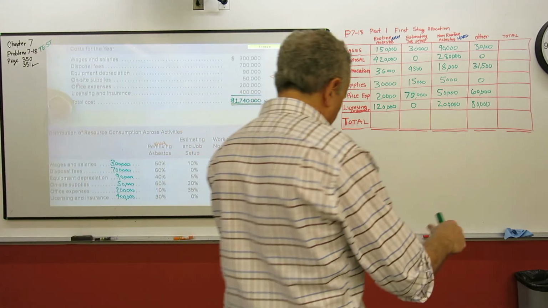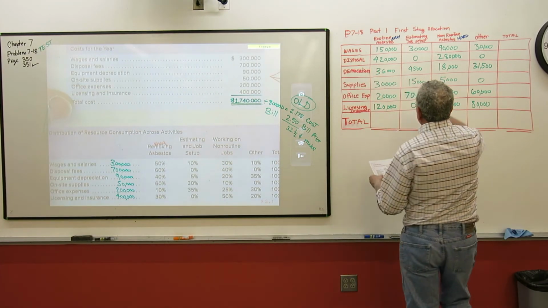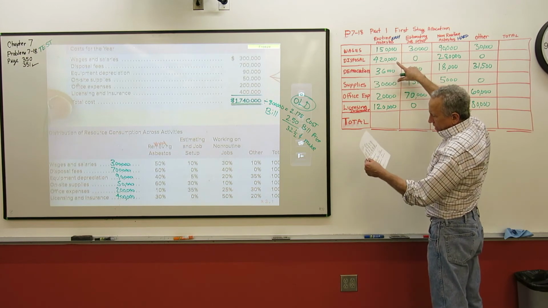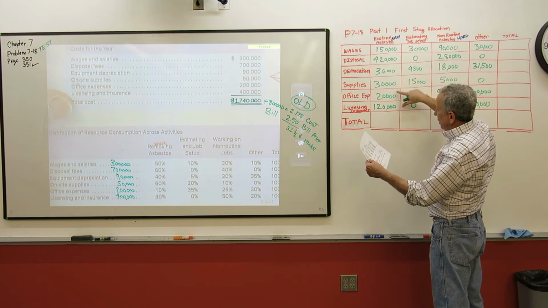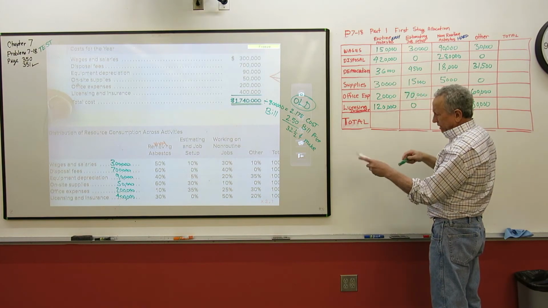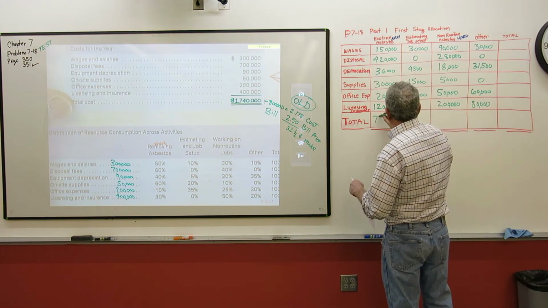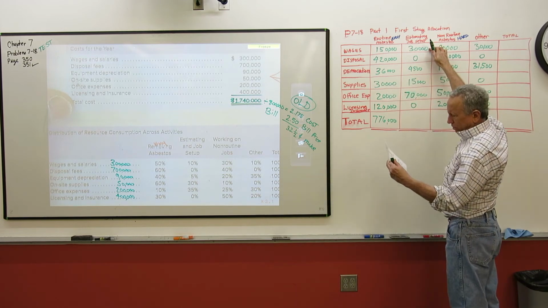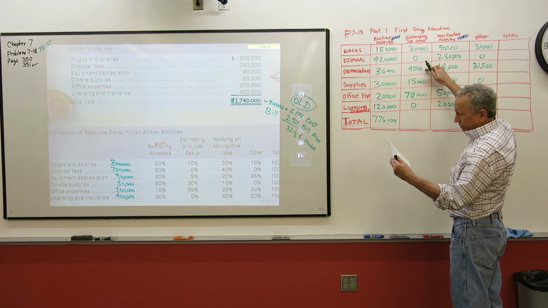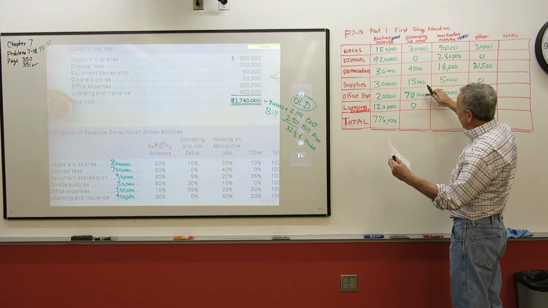Let's see here, 718, 150, 420, 36, 30, 20,000, 120, I got that. 776,000 is our total. This one's 30, 0, 45, 15, 70, 0.